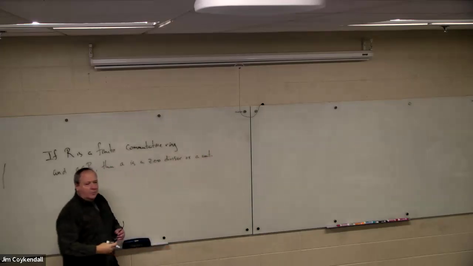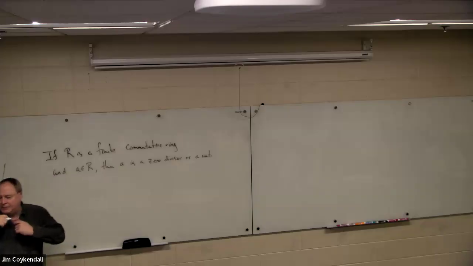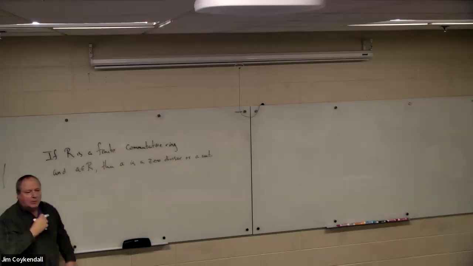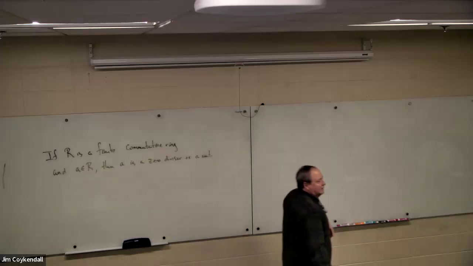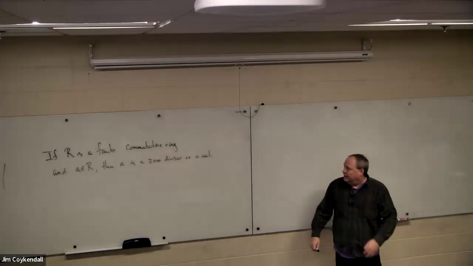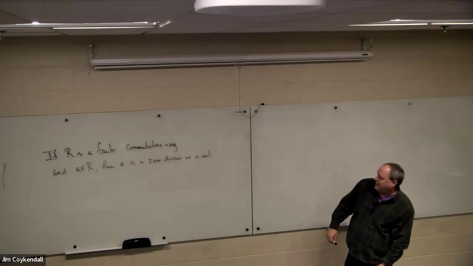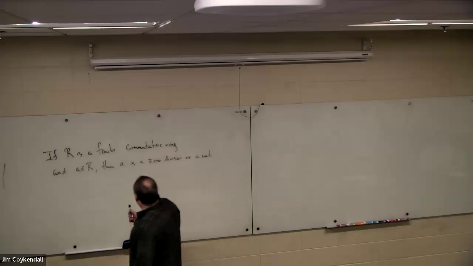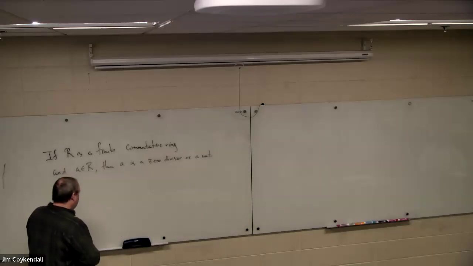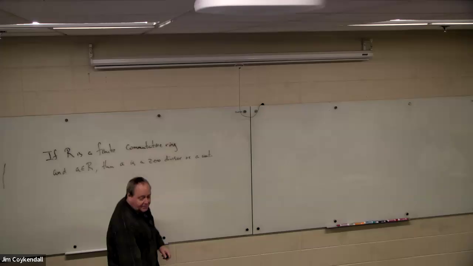We went through some pains to show this last time, and in fact we showed it in a more general setting. If you have a finite ring that has no left or right zero divisors, then everything is a unit.